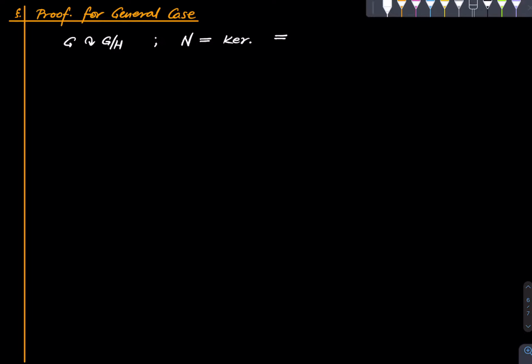We know exactly what it is, but we don't need to know it. And we know that since H is finite index, this is also finite index. This is what we recalled earlier.